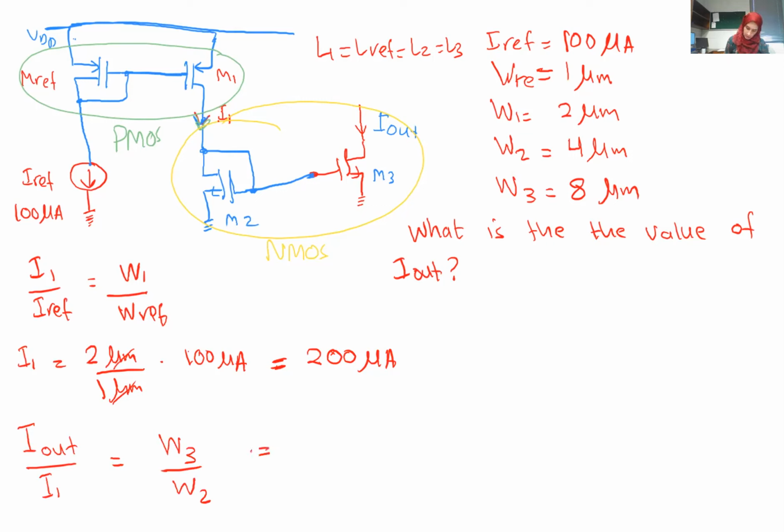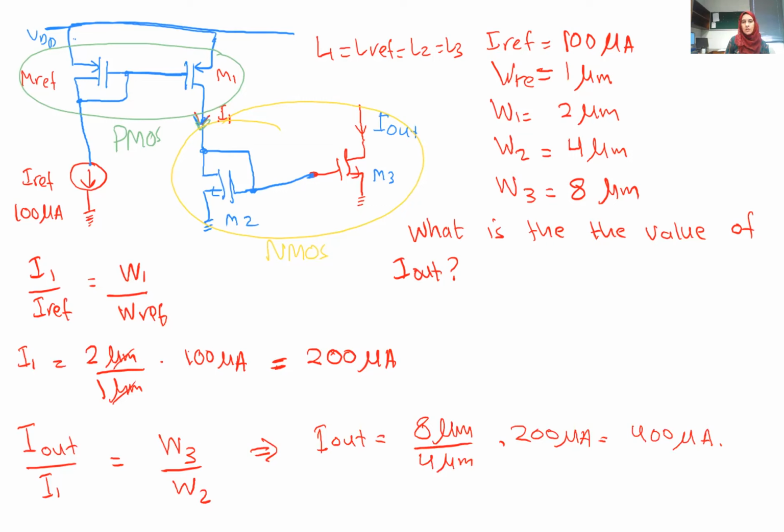So from here, I out equals W3, which is 8 micrometers, divided by 4 micrometers, times I1, which is 200 microamps, and therefore it will be 400 microamps. Is this clear? Any question on this?